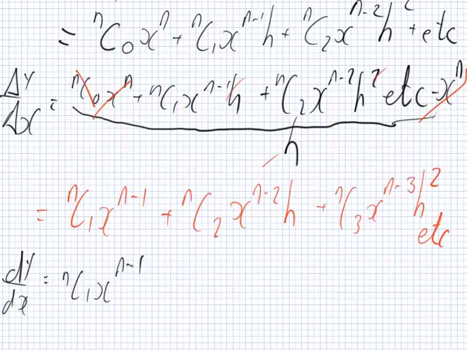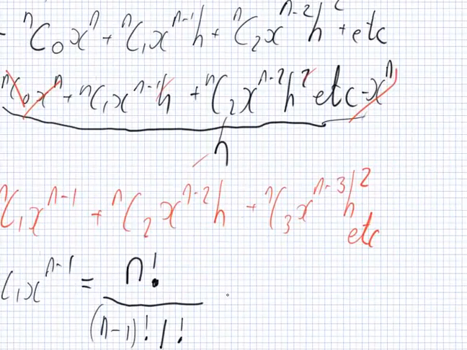Now, who recalls the definition of the C function? It uses factorials, remember? So nC1 is, anyone remember? n factorial over (n minus 1) factorial times 1 factorial, because that's it there.